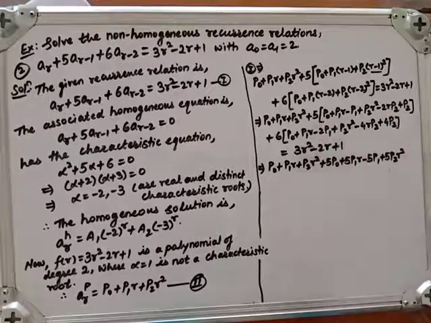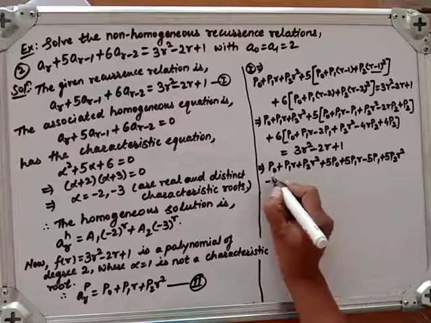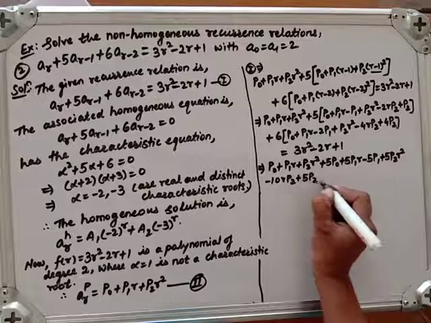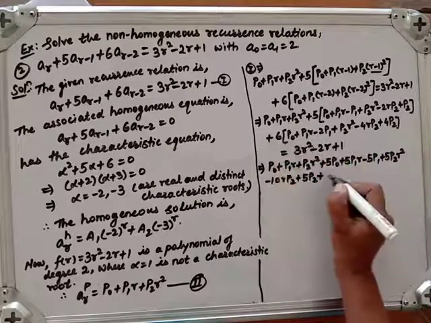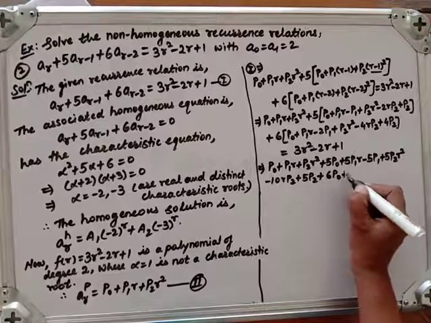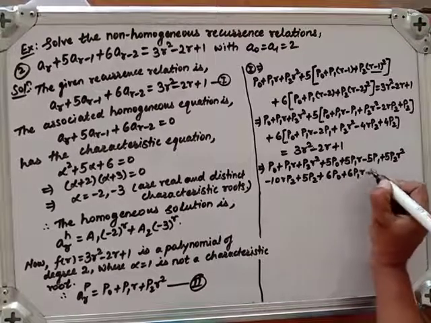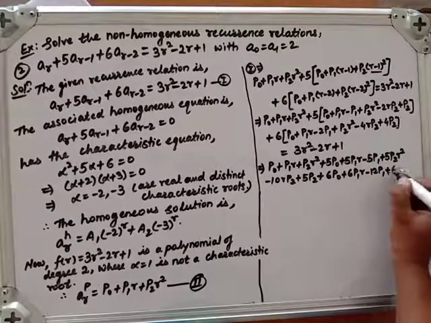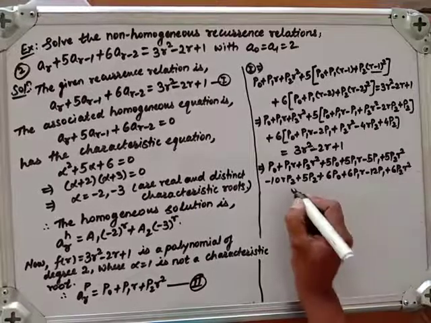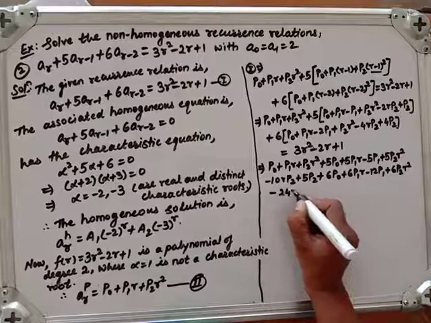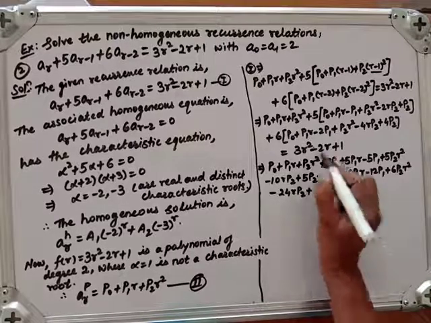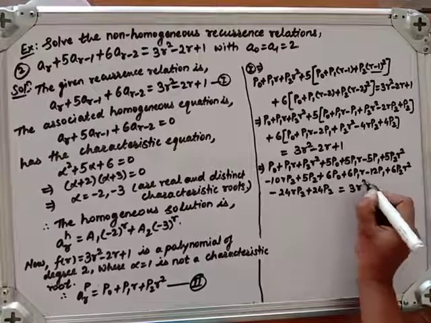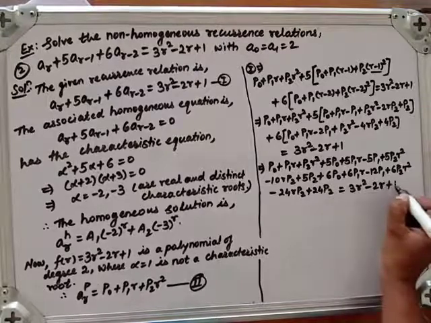Now this 5 into 2, so it will be minus 10 R P2 plus 5 P2 again, okay, plus now multiply by 6 here, so 6 P0 plus 6 P1R minus 12 P1 plus what we get, 6 P2 R square minus 24 R P2 plus again 24 P2 equal to 3R square minus 2R plus 1.